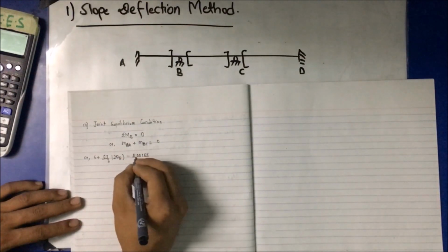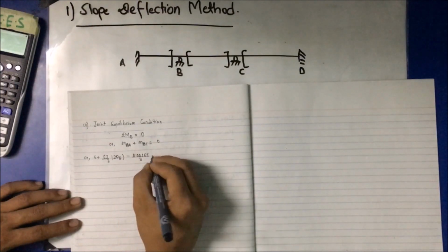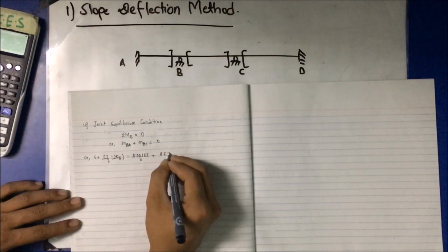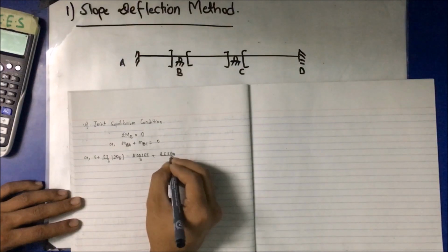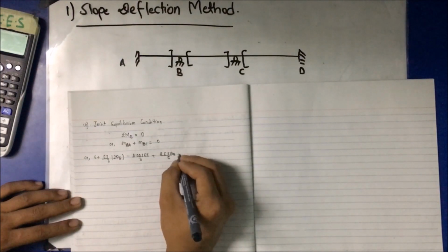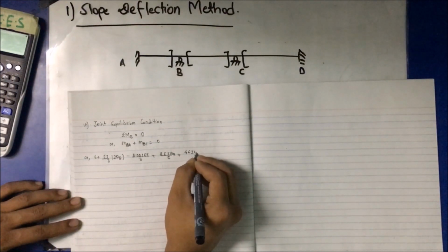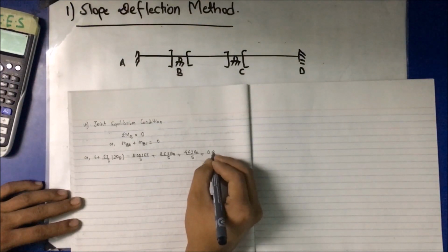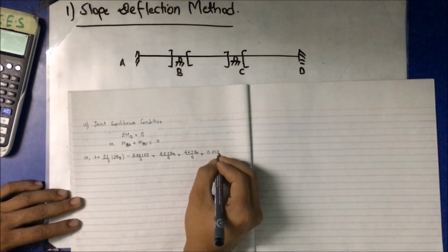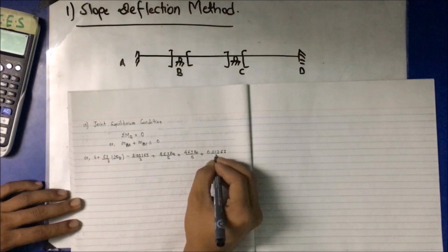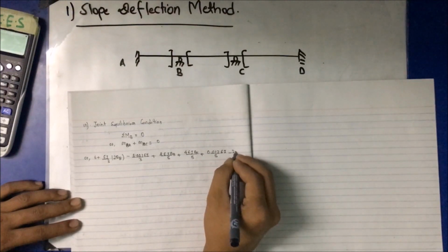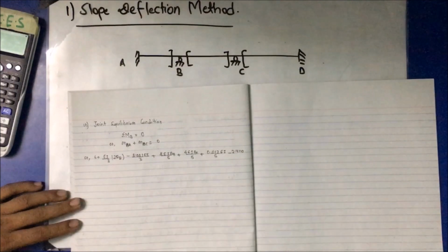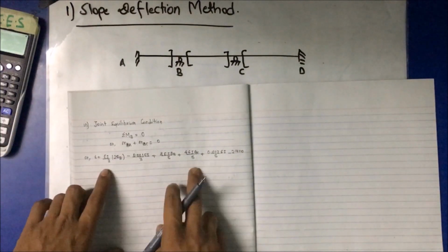EI by 3 plus 8 EI theta B by 5 plus 4 EI theta C by 5 plus 0.012 EI by 5 minus 2.4 is equal to 0. On further simplification I got this value.